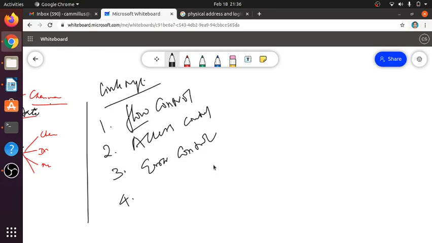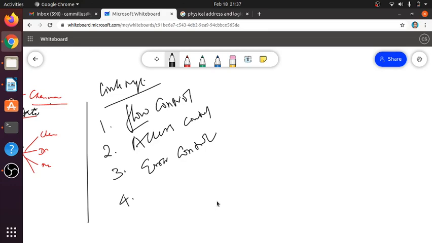Flow control: if the link is completely busy, then I have to regulate the flow of packets coming from the higher layers to the lower layer, that is the physical layer. So this is regulated by the MAC layer. If there is traffic, then the MAC layer asks the logical link layer to stop the packetization process that is happening. Thereby I can regulate the flow of packets into the medium.